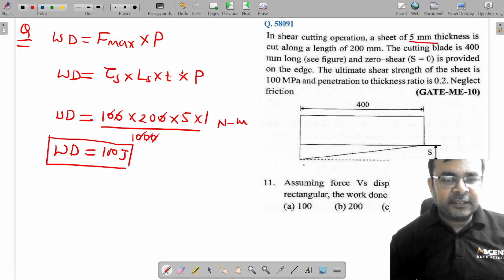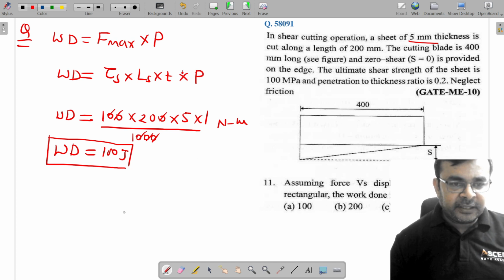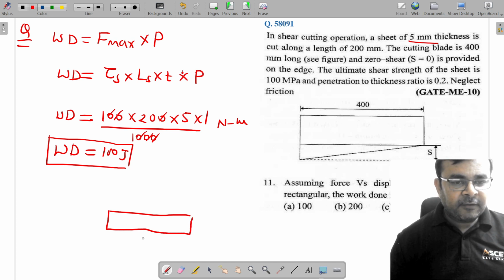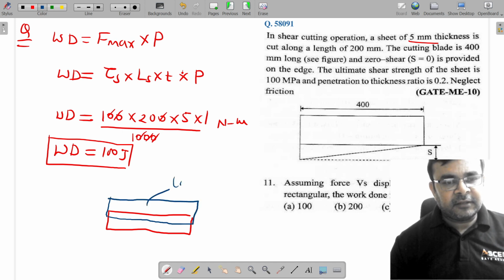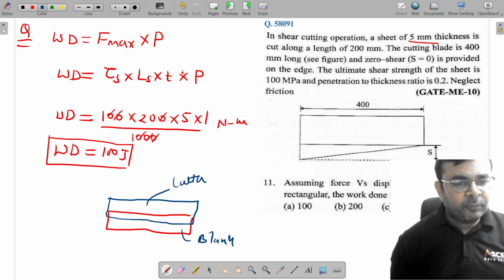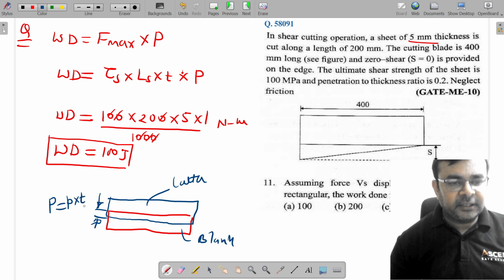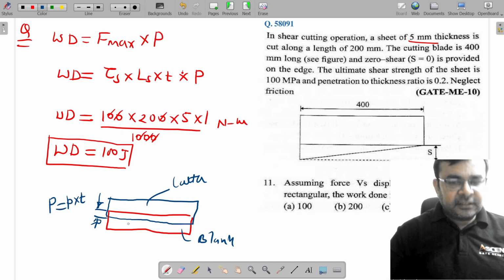What about work done? If I talk about this question, you can simply understand this concept. Let's say this is a sheet that you need to cut. Correct. And for cutting by using a flat cutting edge, we need to penetrate our tool up to this. This is a cutter and this is a blank. When you penetrate this tool up to this depth, which is called capital P, that is small p into small t, then the entire sheet can be cut.